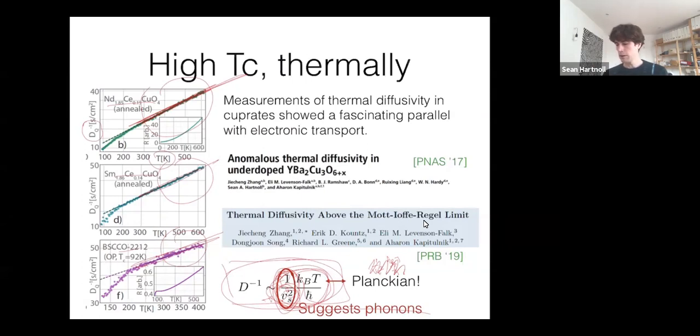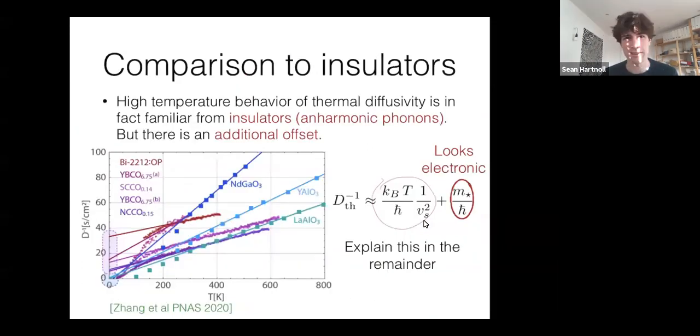Well, things vary by factors of 2, though. Honestly, at the level of precision that anything's being done, I don't think it's very easy. But let me try to convince you that it's phonons, because that's important for what I'm about to do.